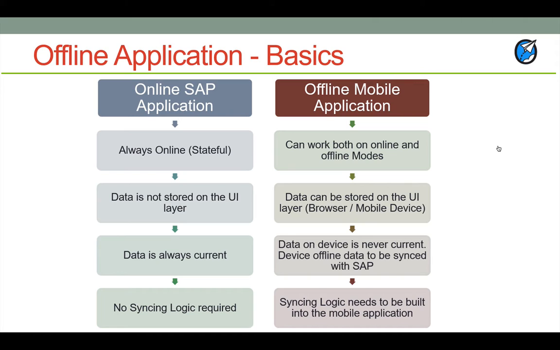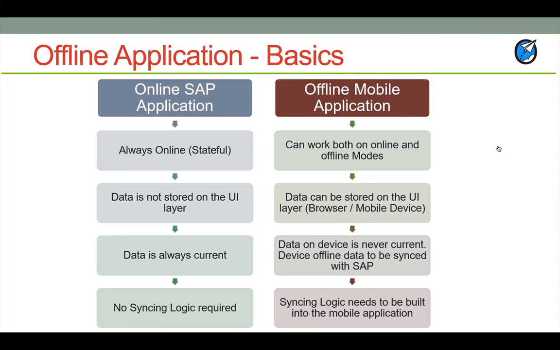And because of this reason, the data on the device may never be current. So if you're processing something offline and it's been 6 hours since you actually synced, the data on your device is stale by 6 hours. So the syncing logic needs to be built into the mobile application so that the data from the device can be synced back.